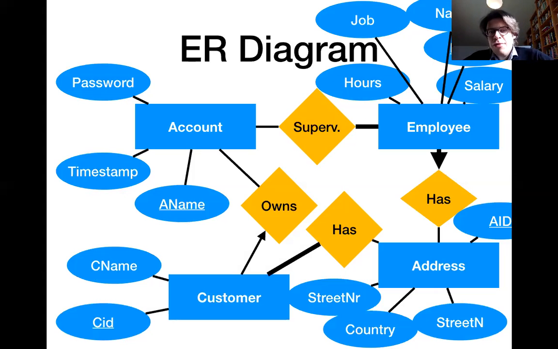Oh, yes, absolutely. Frankly, the naming here is not particularly creative. You should ideally use more expressive names than what I did here. Yes, you absolutely can call them differently. The name should reflect whatever the semantics of the relationship is. So here, has fits for both, but probably you could use something else.